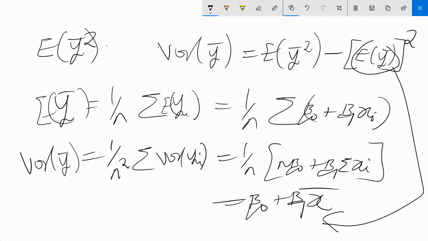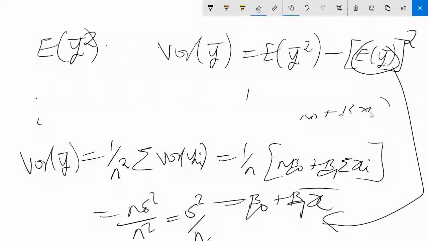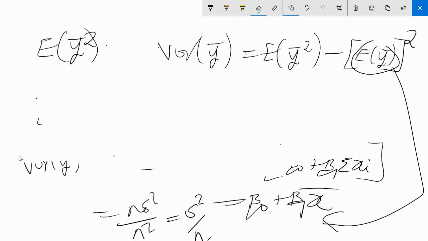When we sum sigma squared n times, we'll have n sigma squared over n squared. And this will give us sigma squared over n. You know this is the variance of y bar. Is this one clear? You know this from second level. I was just trying to remind you. Are we together?